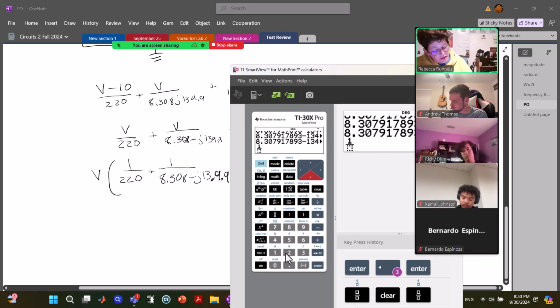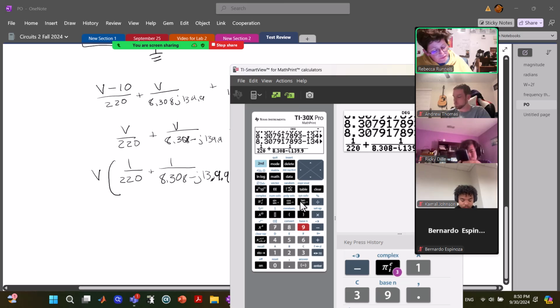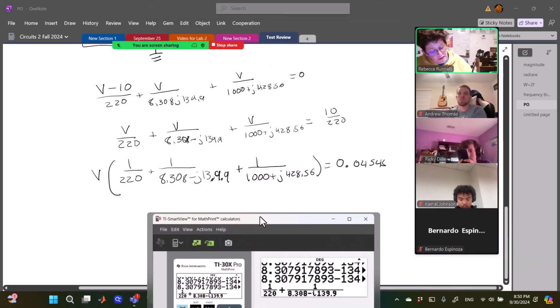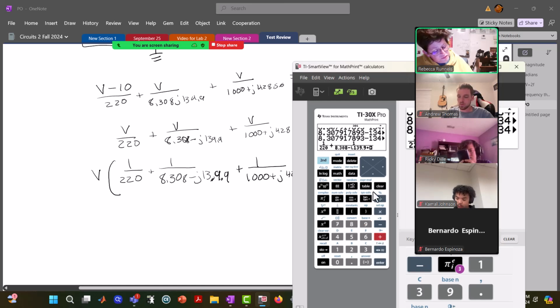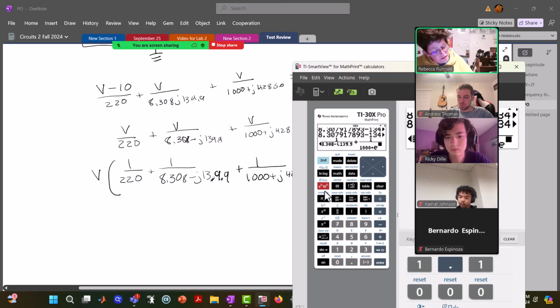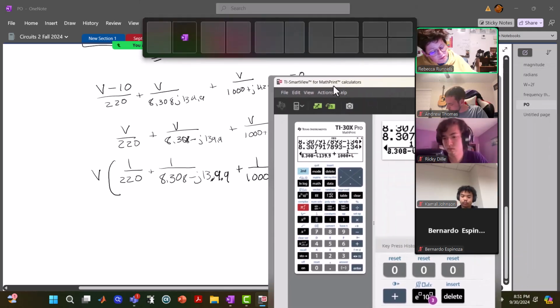So 1 over 220 plus 1 over 8.308 minus J 139.9 plus 1 over 1000 plus J 428.56.